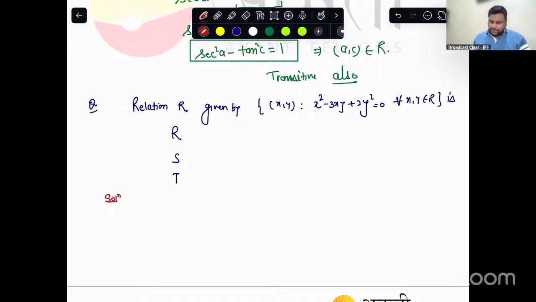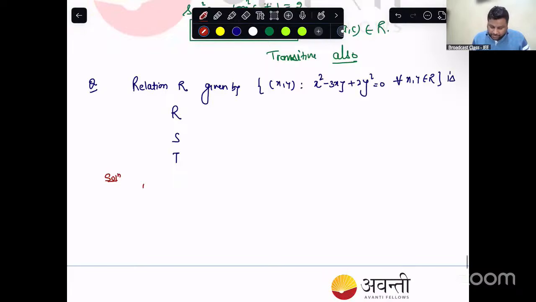Well, see, if I talk about reflexive, is (x, x) in the relation? If I do (x, x), I get x square minus 3x square plus 2x square, which is 0, which is actually true. That means every x is related to itself, so it is reflexive.